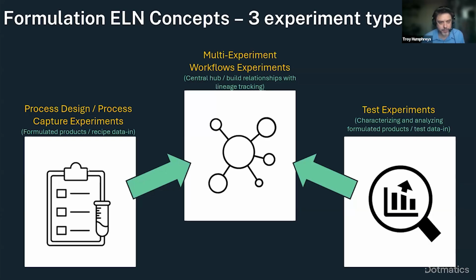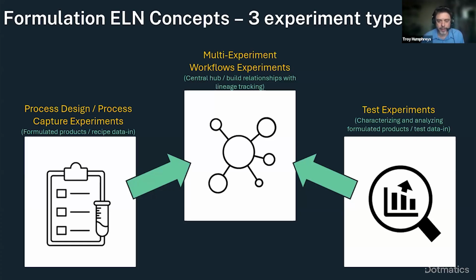There's a process experiment, and that is where users define and execute the recipes to make a formulated product. What ingredients did I use, and how did I make that product? Test experiments are where a user would analyze and characterize either intermediate samples or final samples of those formulated products, really asking how did my formulated products perform.